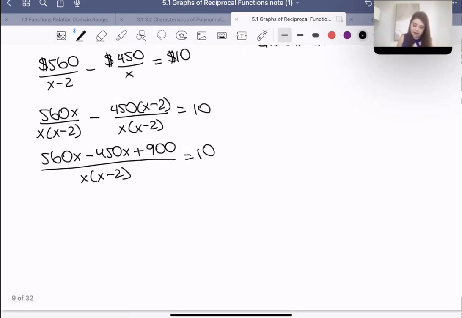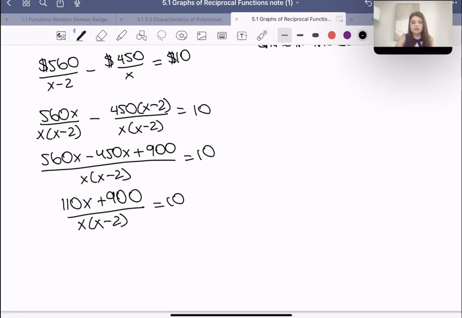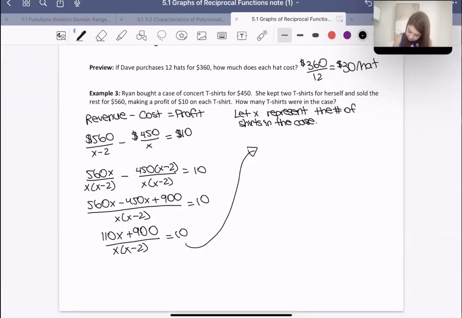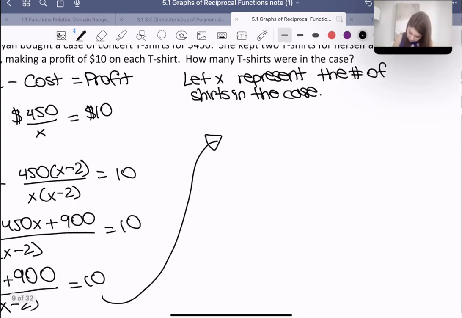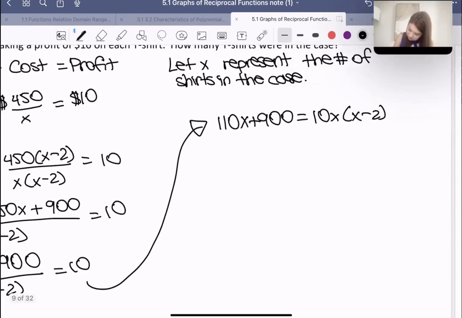And then that means we have 110x, oh, not 1110, just 110x plus 900 over x times x minus 2 is equal to 10. And then let's multiply up that x times x minus 2. So we're going to get 110x plus 900 equals 10x times x minus 2.